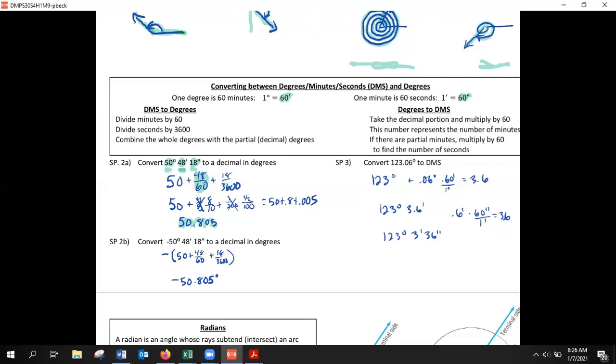And then we have 18 seconds, and we know that there are 3,600 seconds in an hour. So we say, okay, 48 out of 60, because we have that fractional portion of a degree, and then 18 out of the 3,600 of another degree, and then we can add those together.